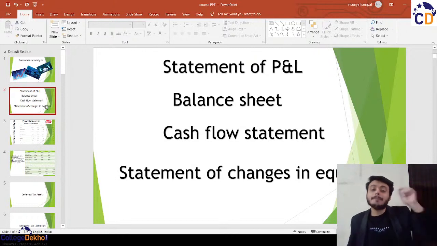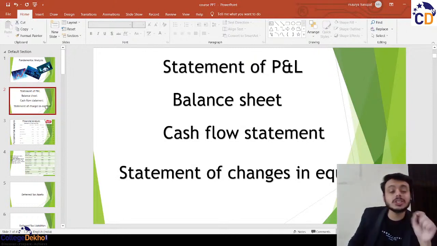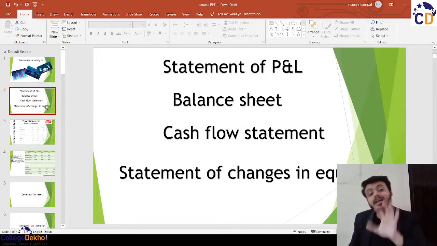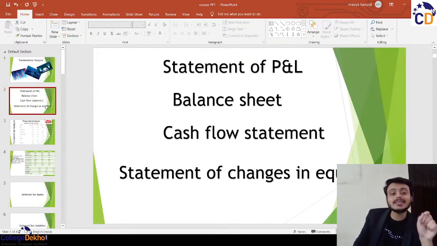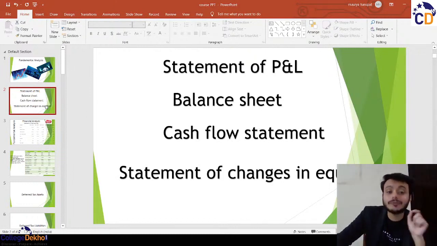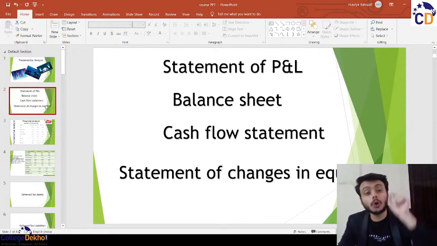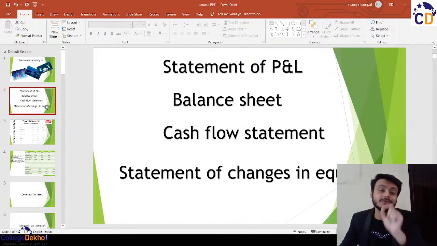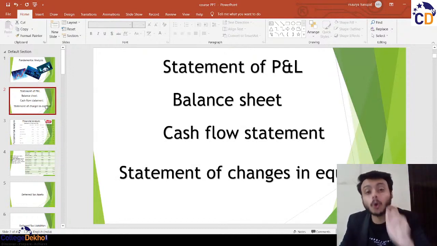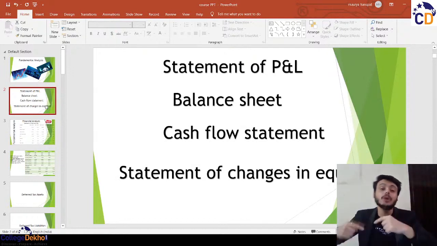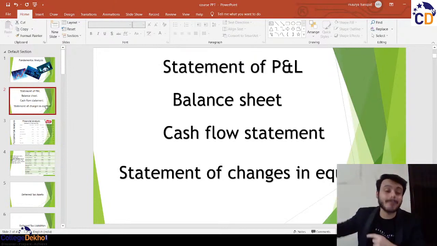Balance sheet. Balance sheet is also called the position statement. It is a statement of assets and liabilities that the company has. And of course, assets are something that we own, and liabilities are something that we owe. So understand the difference between these two, own and owe. Owe means what we have to pay back.